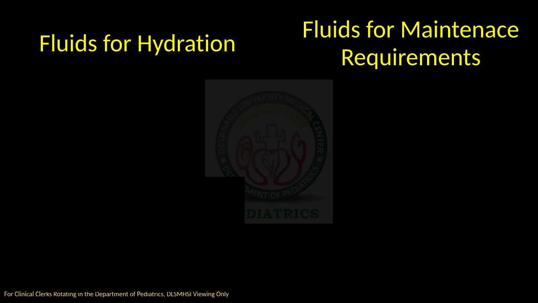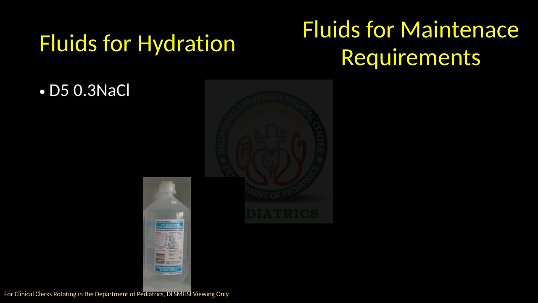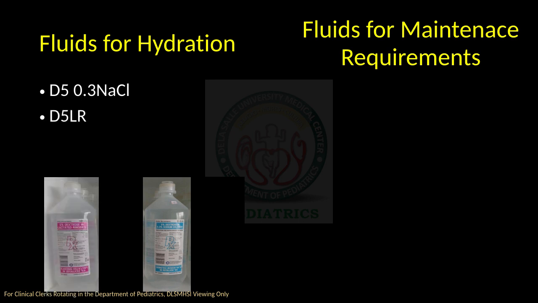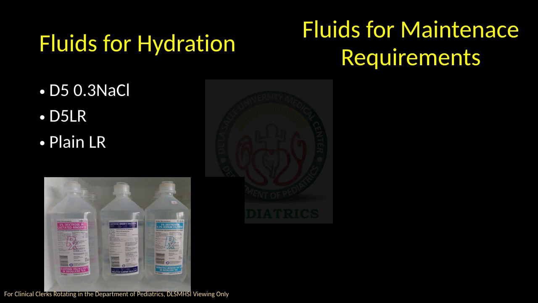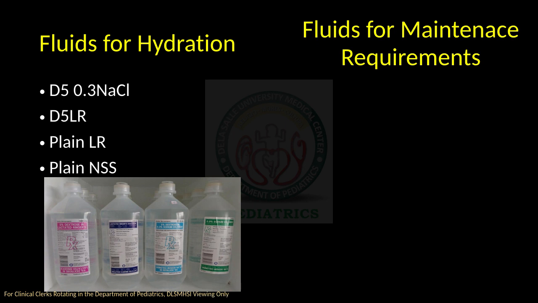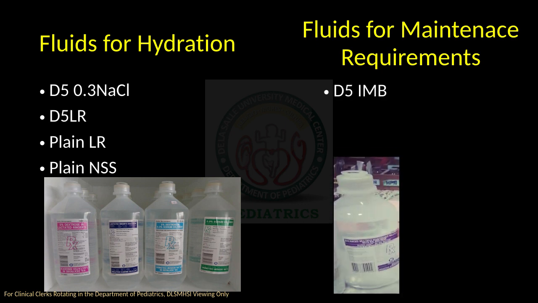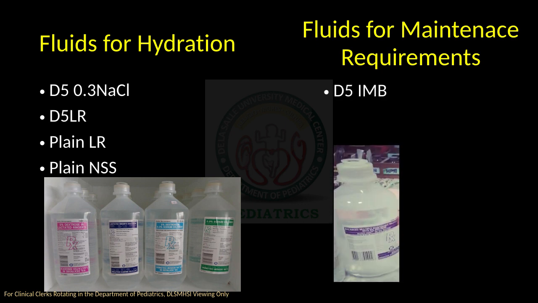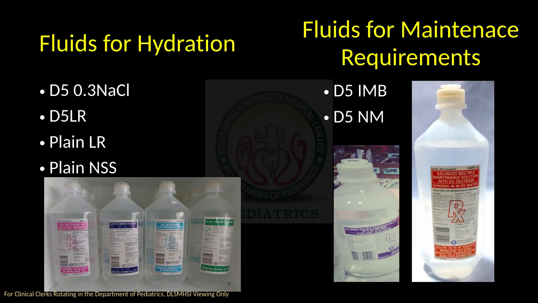Fluids for hydration are D5.3 NaCl, the light blue labeled fluid, D5LR, pink labeled, plain LR, the dark blue labeled, and plain NSS, the green labeled fluid. For maintenance requirements, we use D5IMB, the violet labeled fluid, and D5NM for the orange labeled fluid.